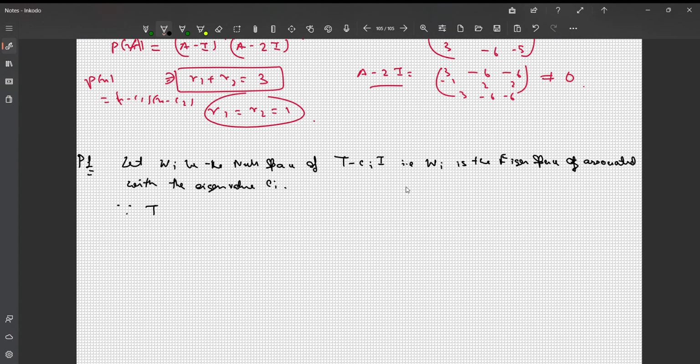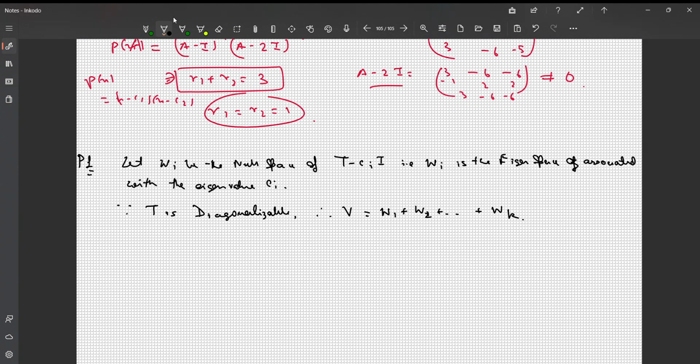And since T is diagonalizable, therefore V can be written as a sum of these eigenspaces, W1 plus W2 till Wk. Since we have not yet discussed conceptually the term direct sum, I won't be using that term.